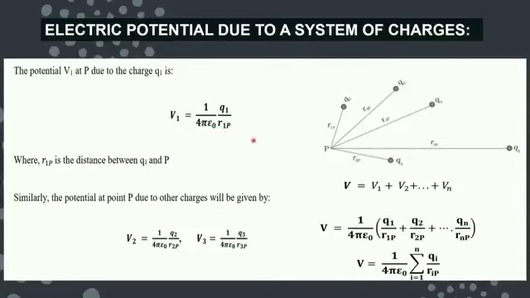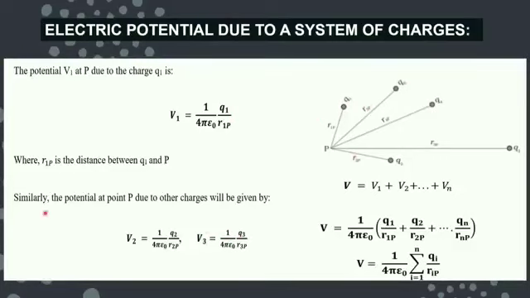And as I have told you, potential is a scalar quantity because it is equal to work done upon charge. Work done is a scalar quantity. So whenever I want to find all these potentials, it is simply the algebraic sum of the potentials due to the different charges. Of course, when we are taking potential due to one charge, we are ignoring the presence of other charges and so on.